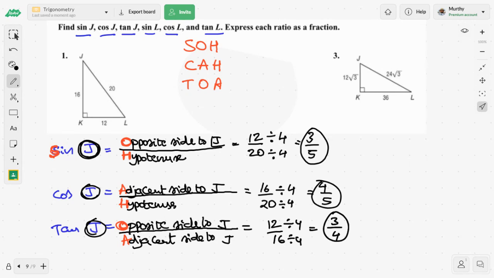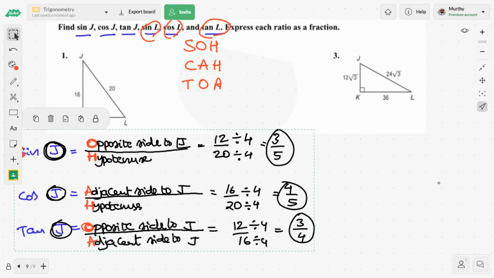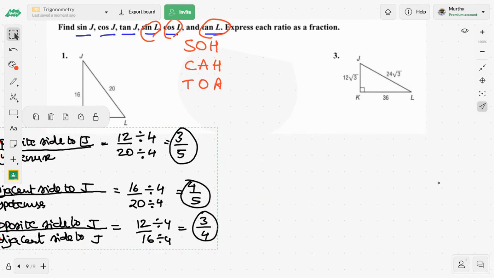But one more example, of course, we have to continue, because the question asks us to find sin J, cos J, tan J, and also to find sin L, cos L, and tan L. Therefore, let me move this part a little to the left hand side.